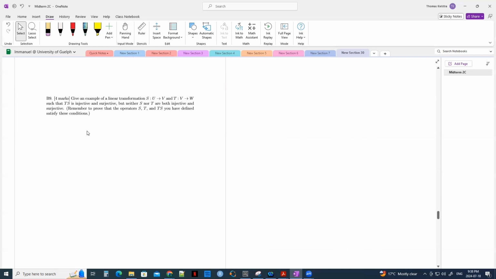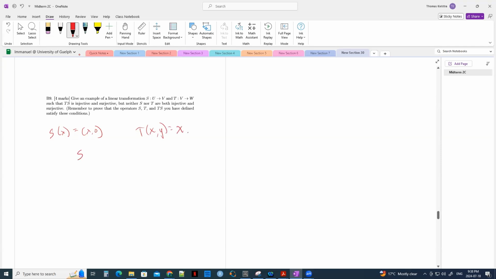Now, finally, we have come up with an example of a linear transformation where neither S nor T is both injective and surjective, but the composition is both injective and surjective. A classic example is S of x is (x, 0) and T of (x, y) equals x.